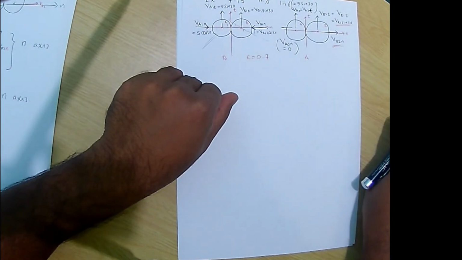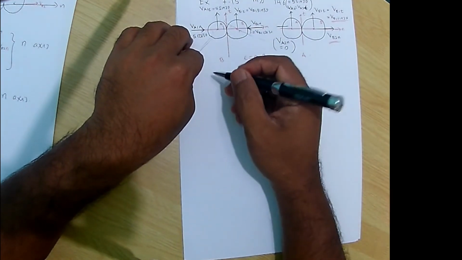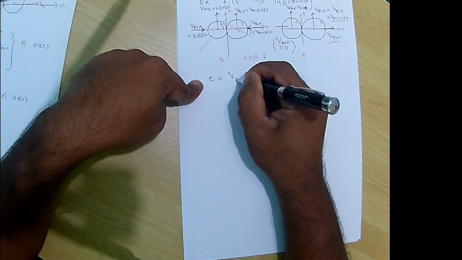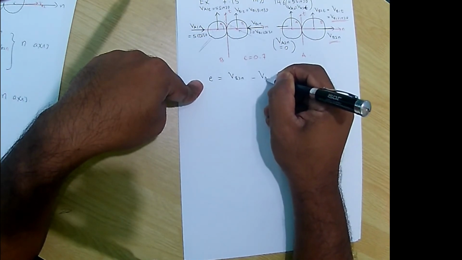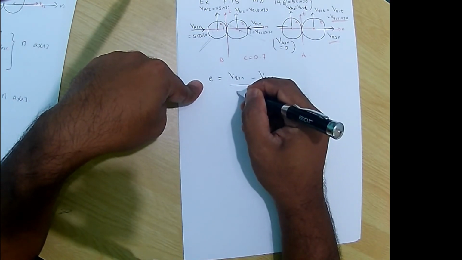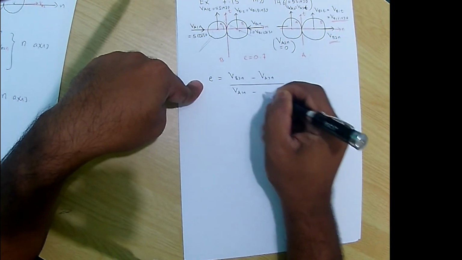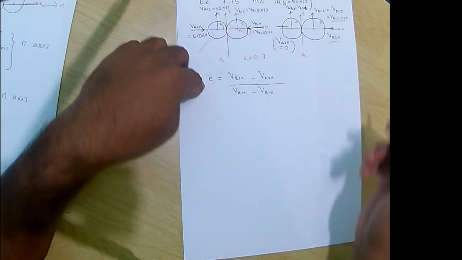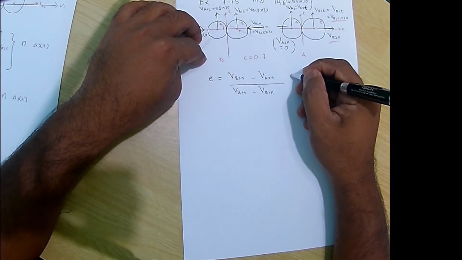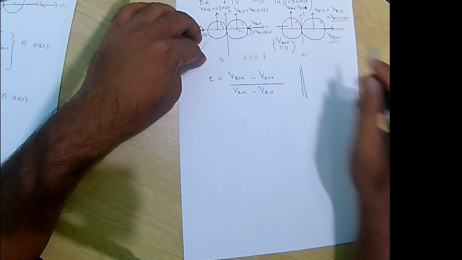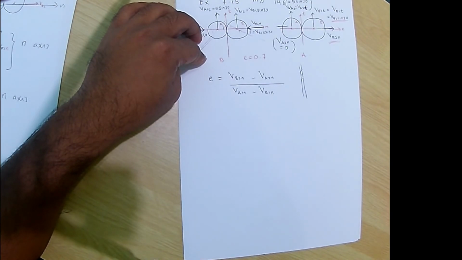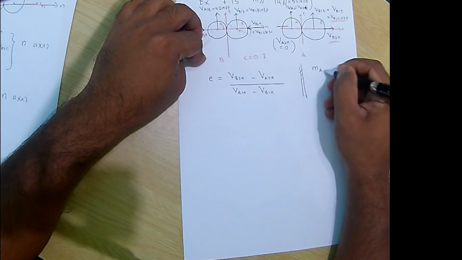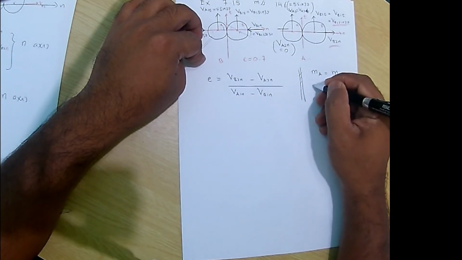For example, the coefficient of restitution E is equal to VB2n minus VA2n divided by VA1n minus VB1n. One more thing that we know is the question said two identical balls, meaning that MA is equal to MB.